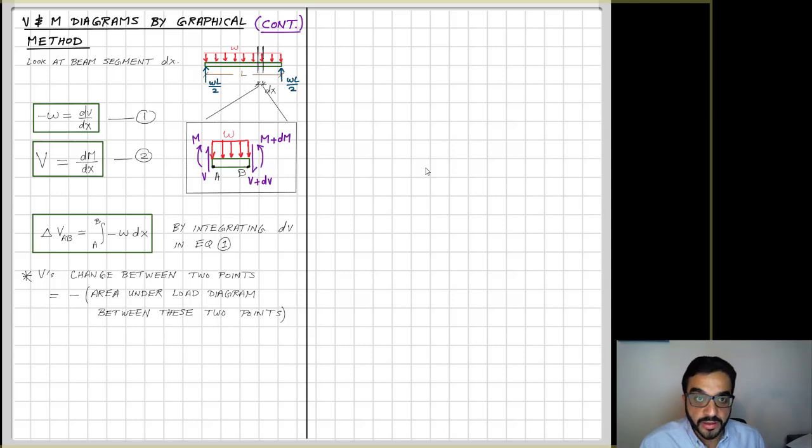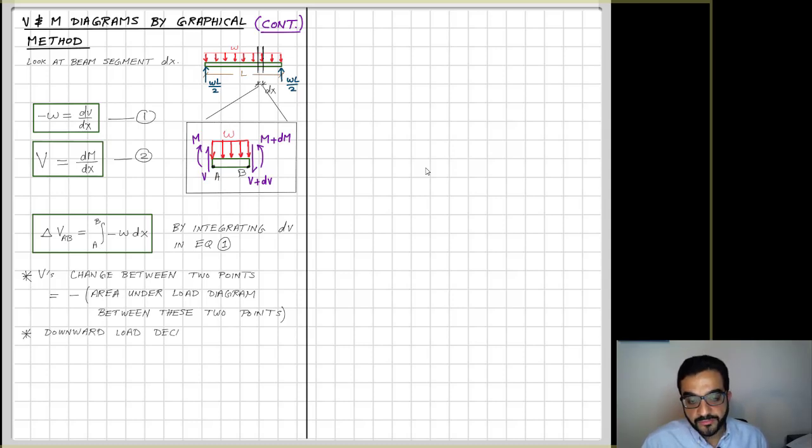So now, with the derivative and the slope information, I can also draw the diagrams by calculating the difference in the shear value between two points by looking at the area under the load diagram or shape that I have.